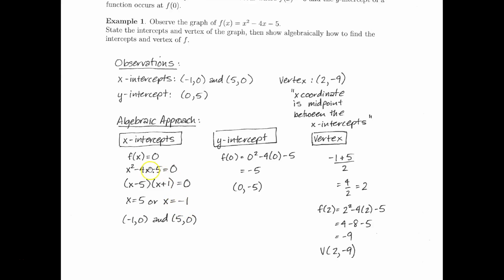So one of the main reasons we learned how to solve these equations is so that we can find x-intercepts of a quadratic function. So algebraically, we would solve this equation for x and get (-1, 0) and (5, 0) as our x-intercepts.